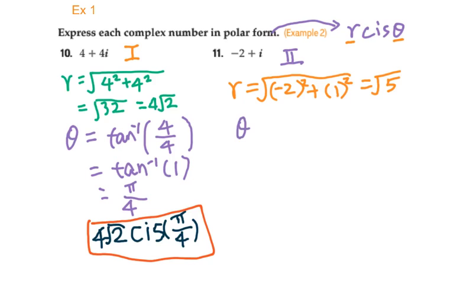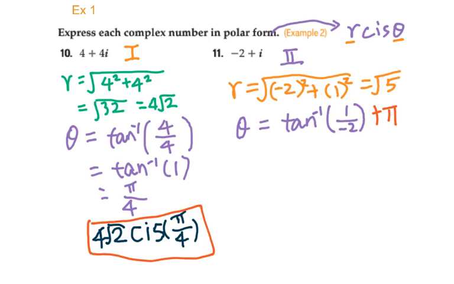And theta equals the inverse tangent of 1 over negative 2, then plus pi.